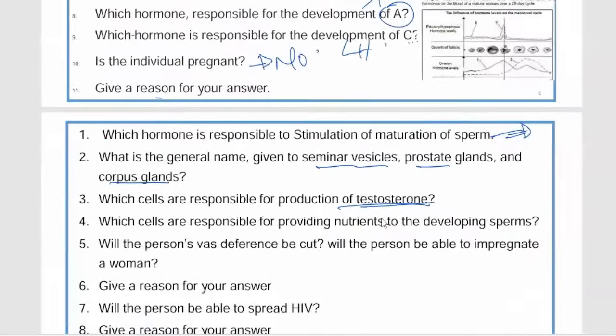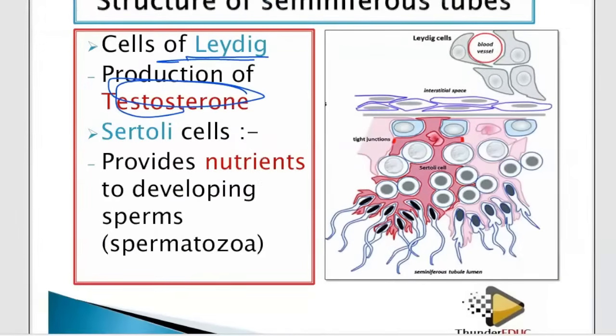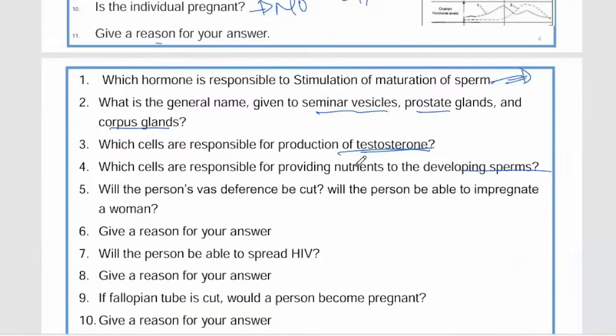A little bit faster so that I can go back to our question paper, because this is a catch-up. They're saying which cells are responsible for providing nutrients to the developing sperms? We said Sertoli cells. So if you come back here, we see that the cells here are responsible for nourishing the developing sperms. Then we go to the next question.